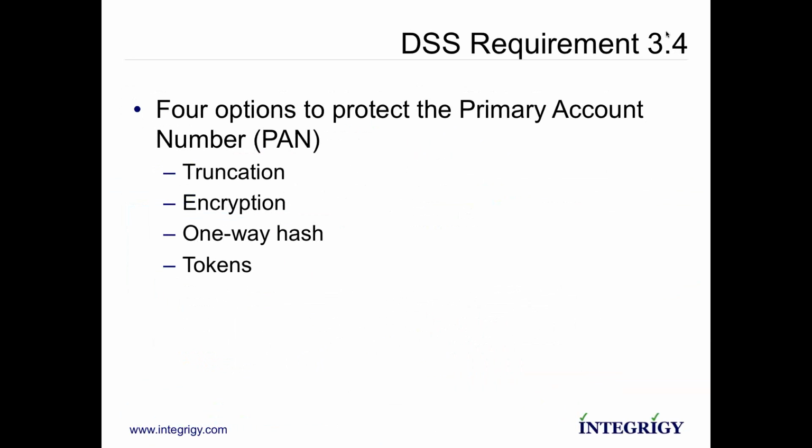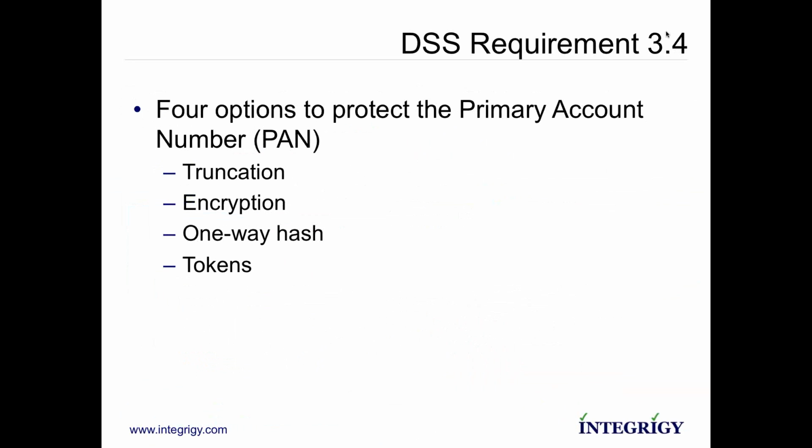The primary requirement for DSS is in and around the protection of the primary account number, known as the PAN. At a very high level, there's 4 easy options to protect that. 1, truncation, e.g. removing the credit card number from the system, potentially after the transaction has occurred, or let's say in the case of test and development.